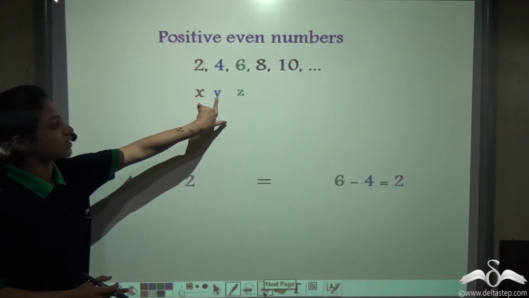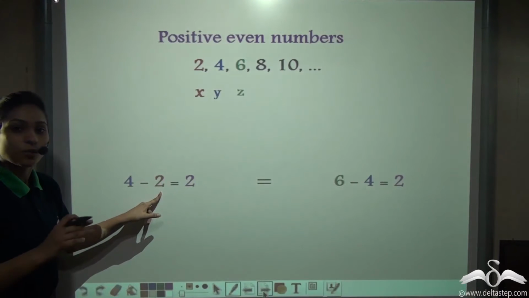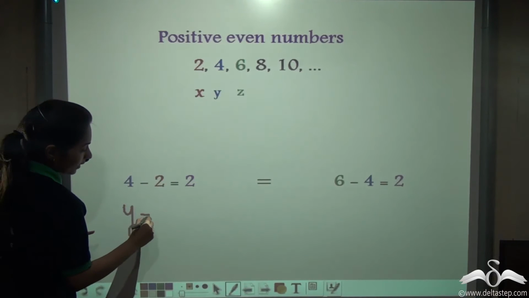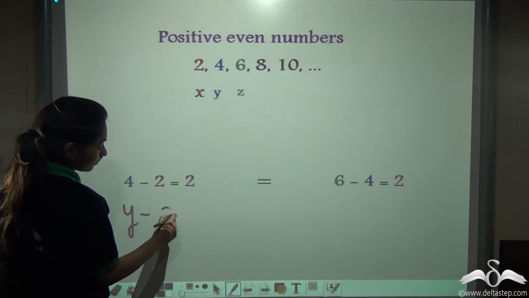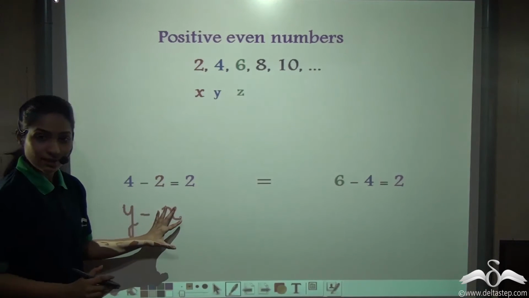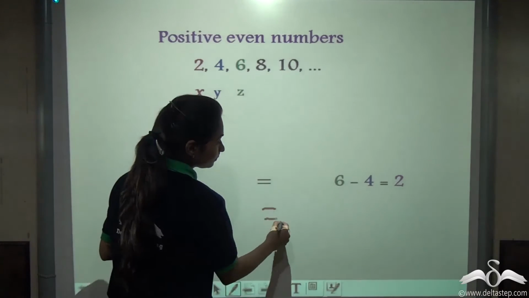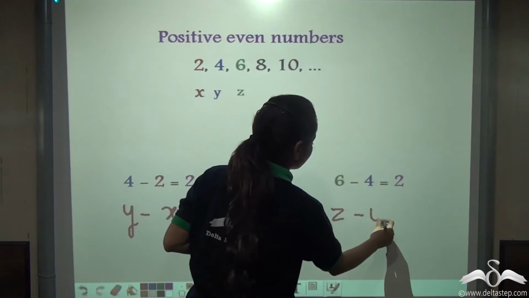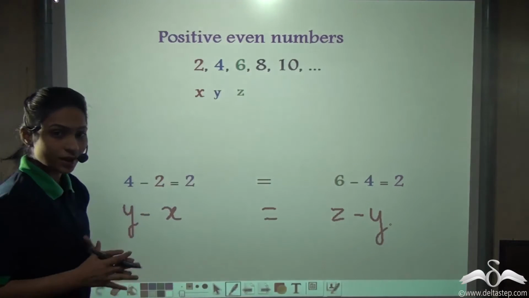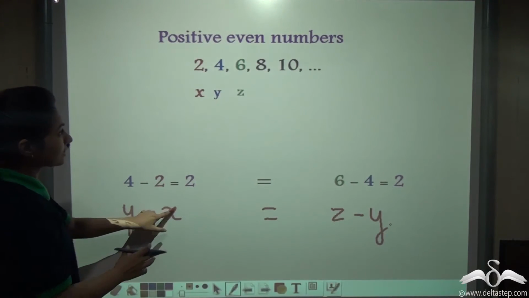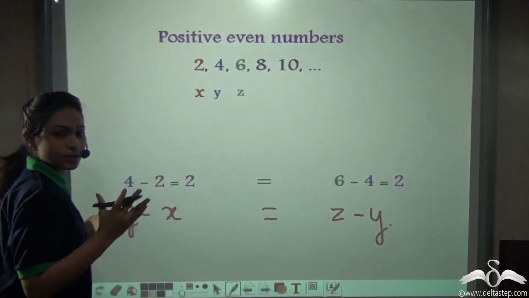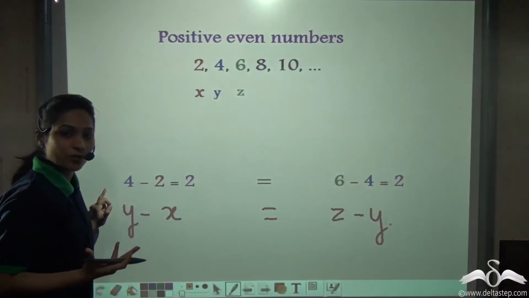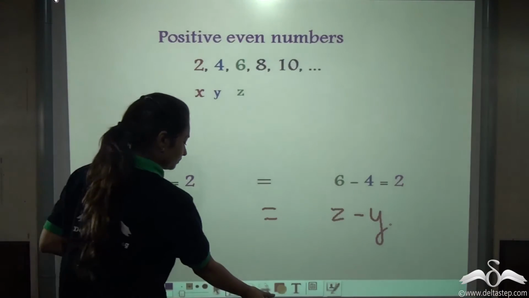So, let us use these variables instead of these numbers. What will we get? 4, that is y, minus 2, that is x, will give us the same value as 6, that is z, minus 4, that is y. See yourself. y minus x, that is 4 minus 2, will give you the same value as z minus y, that is 6 minus 4. That is how we take out the common difference.